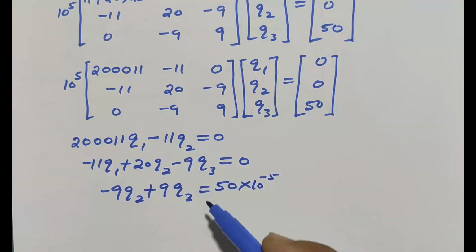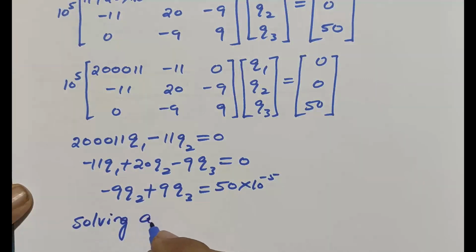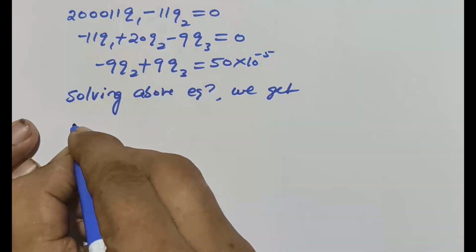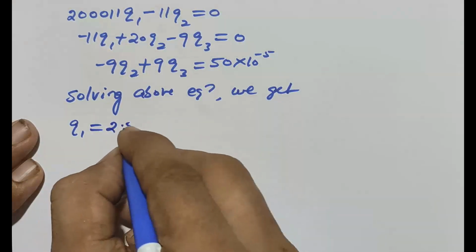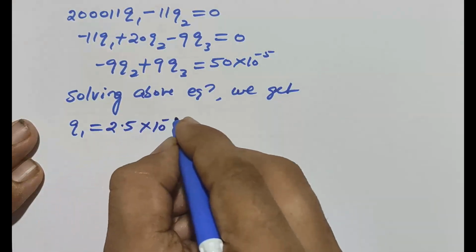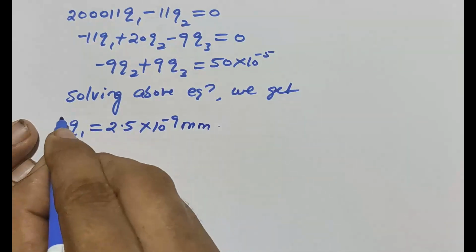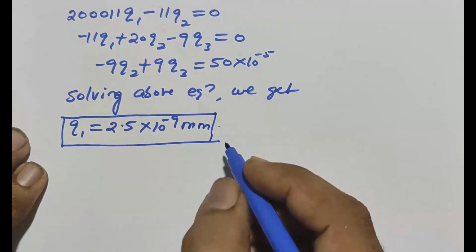If you solve these three equations, we get Q1 is equal to 2.5 into 10 power minus 9 mm. It is the displacement at node number 1.